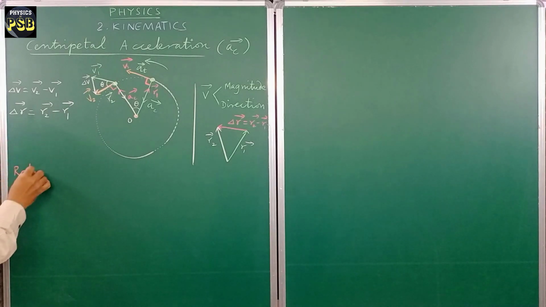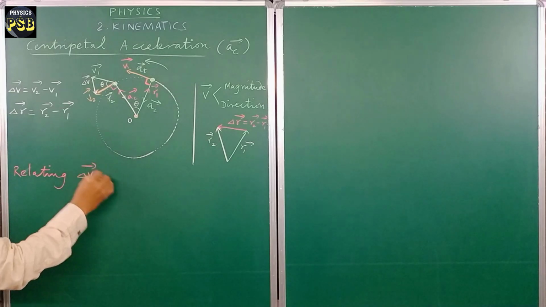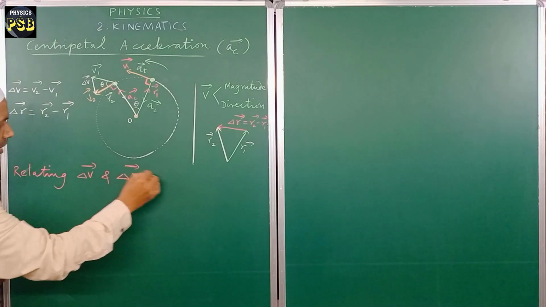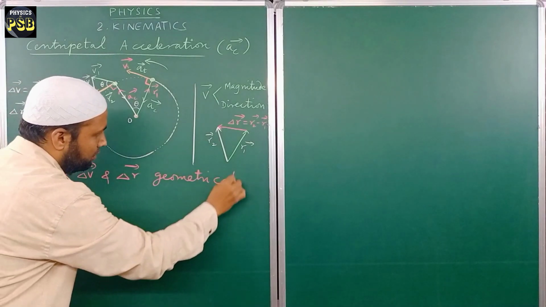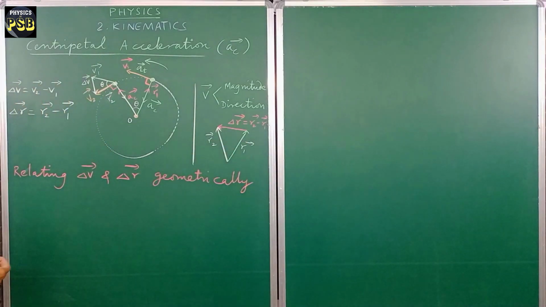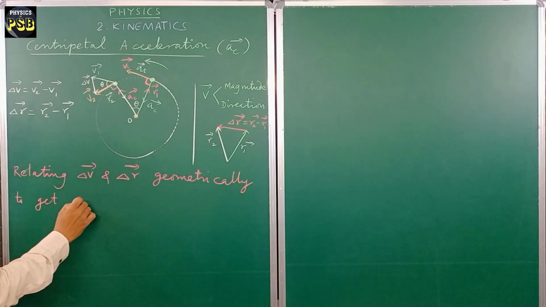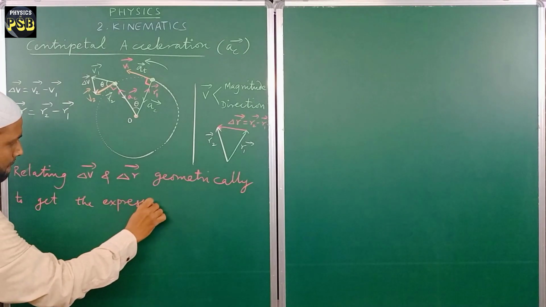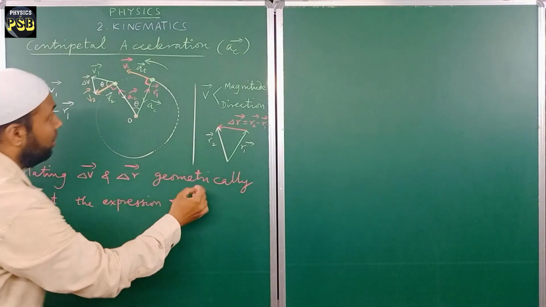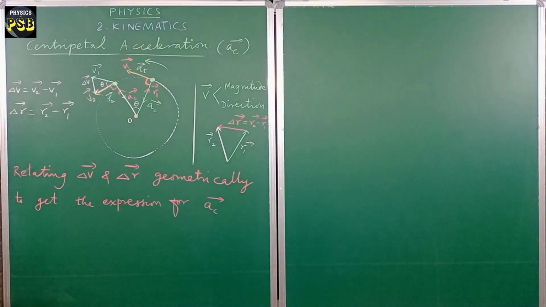Relating delta v vector and delta r vector geometrically to get the expression for A_C vector. Okay, let's do it. So what I'll do now?